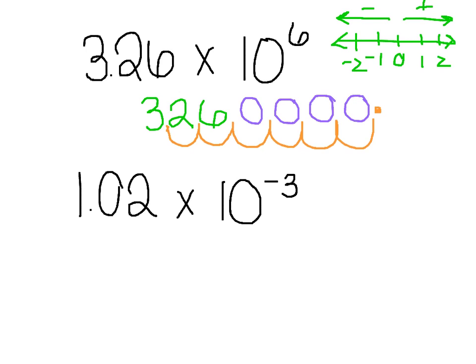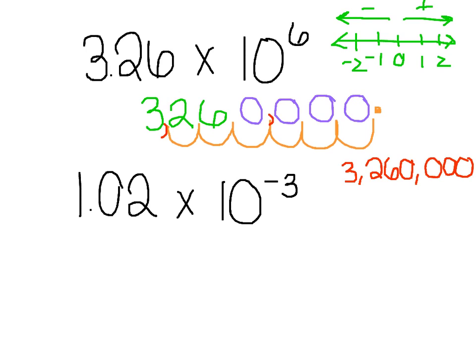Remember, to write this number like a normal number, we use every 3 from the decimal spot as a comma. So 1, 2, 3, comma, 1, 2, 3, comma. So our number is 3,260,000. And I recommend you rewrite the number afterwards so that it's clearly seen.